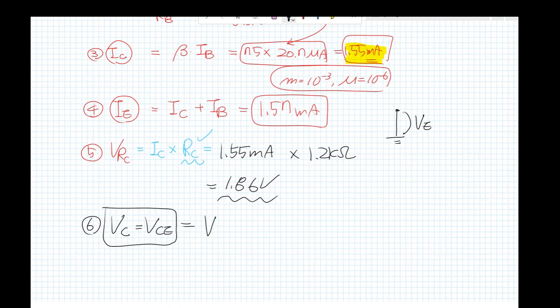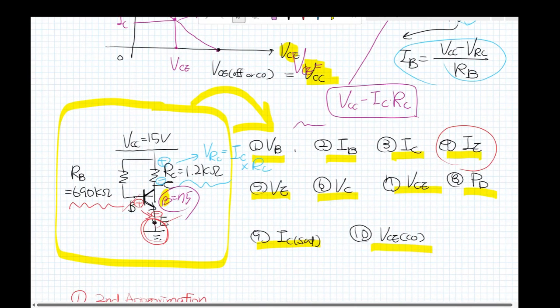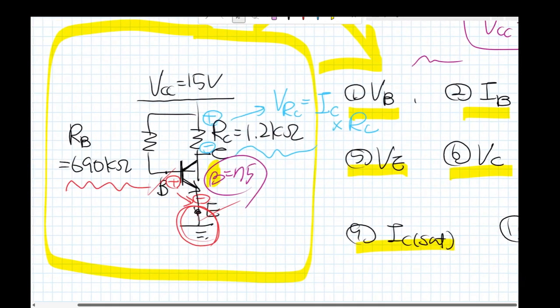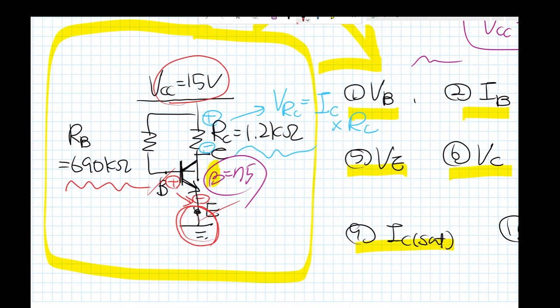So because V sub C minus V sub E is 0, this is why that was going to 0. So V sub CE is V sub CC minus I sub C times R sub C. Why? Because we're going to learn before. Like this one, V sub CC minus V sub RC, that was V sub CE.